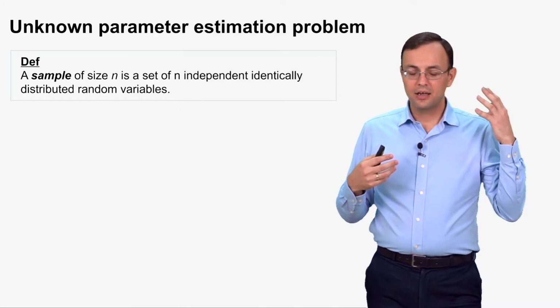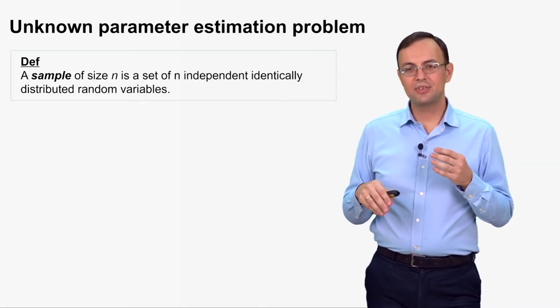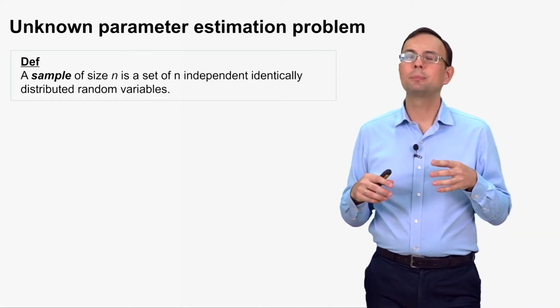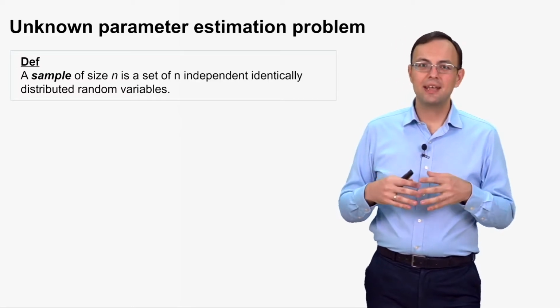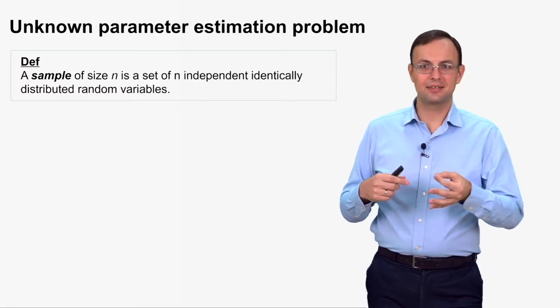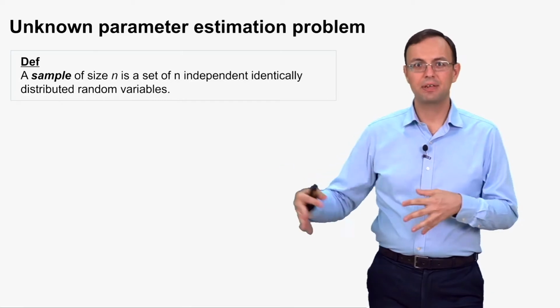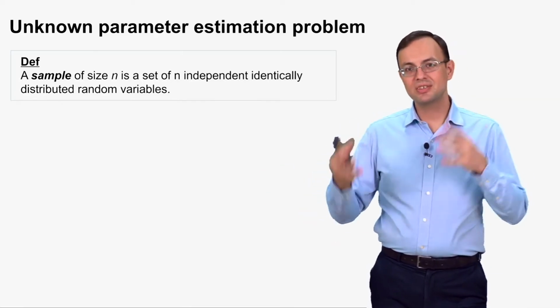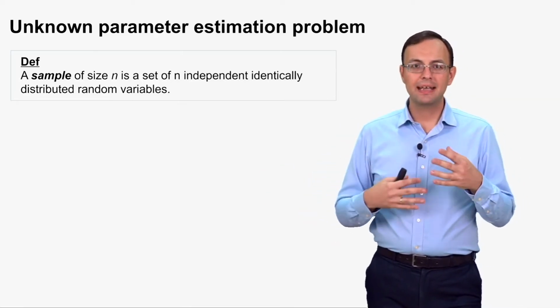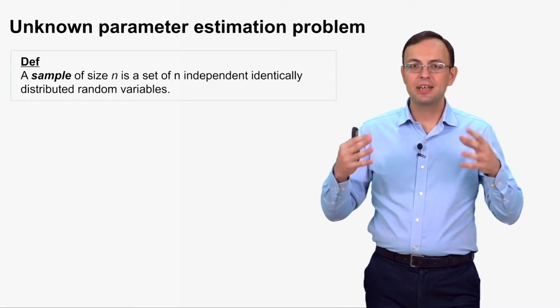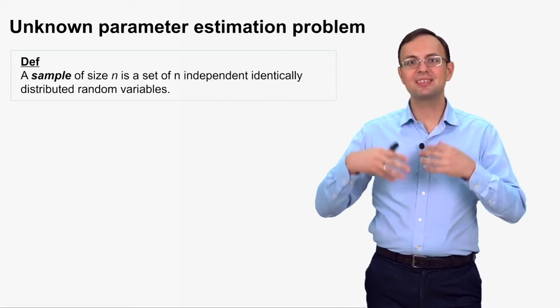So we can say that it is a set of several random variables. But we can also look at this as several observations of a single random variable.